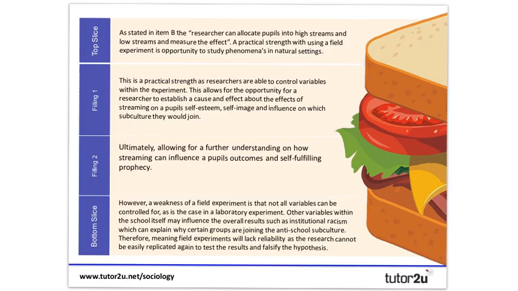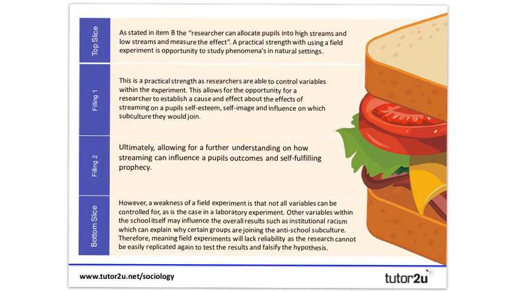Practical strength with using a field experiment is opportunity to study phenomena in a natural setting. This practical strength, as a researcher, are able to control variables within the experiment. This allows for the opportunity for a researcher to establish cause and effect about the effects of streaming on pupil self-esteem, self-image, and influence on which subculture they would join, ultimately allowing a further understanding on how streaming can influence a pupil's outcomes and self-fulfilling prophecies.